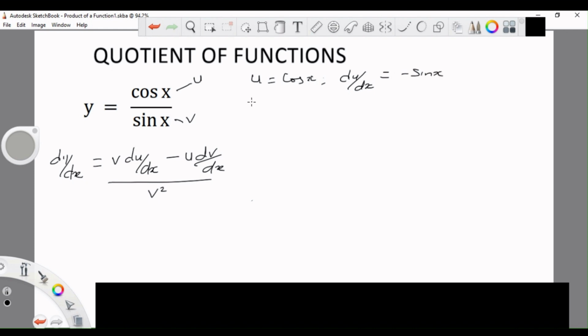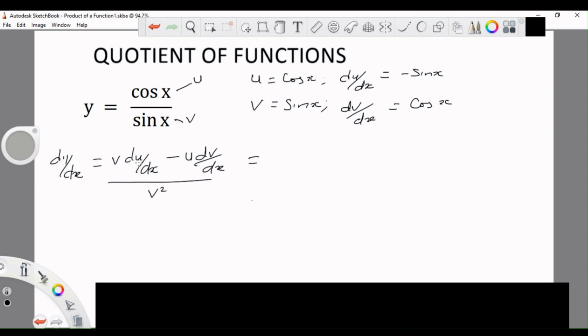Our v is equal to sin x. Differentiate v with respect to x, that will give us cos x. So what we'll do next is put these into the equation.